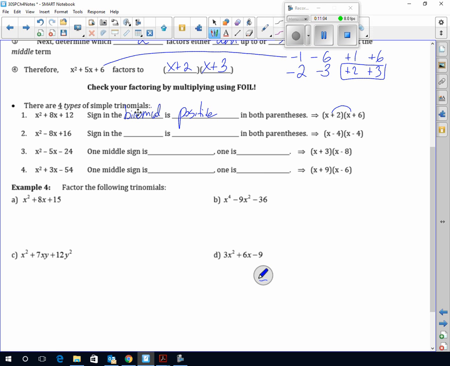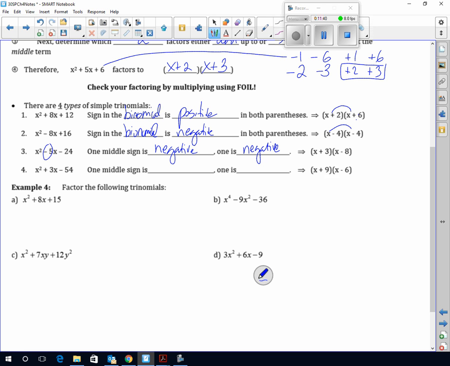You see negative, negative. If you have this middle sign to be negative, then one of the binomials is negative. And if the middle sign is positive, I don't know, one is negative.